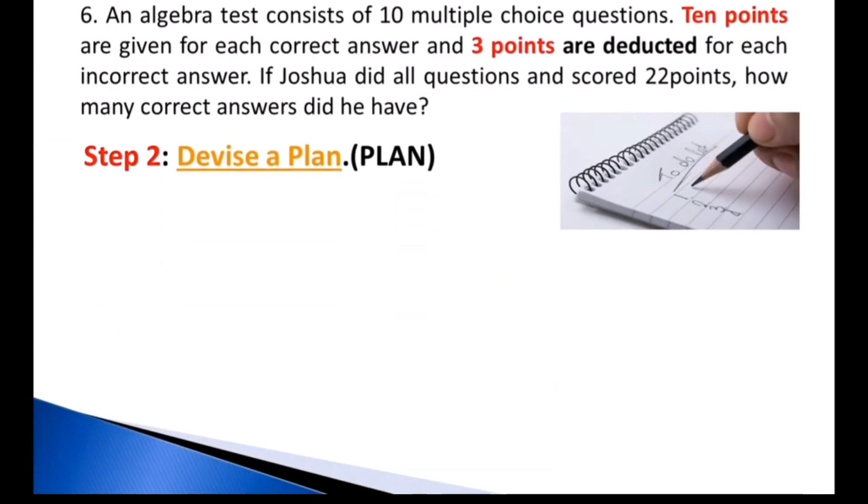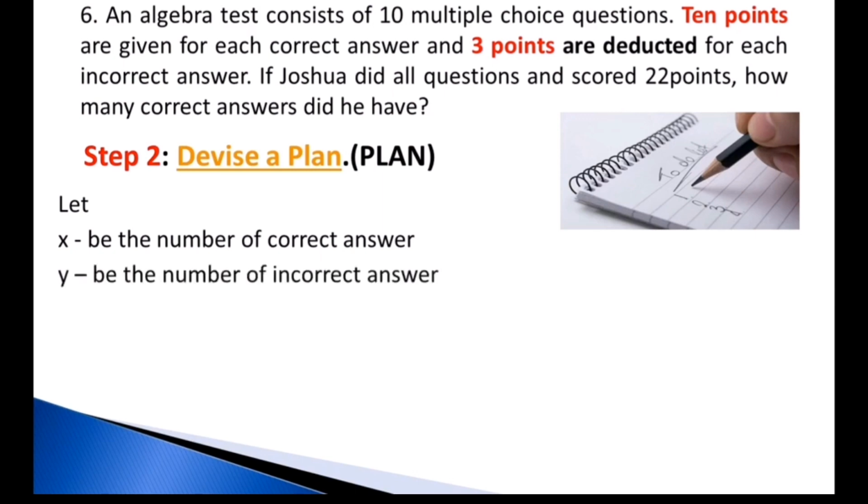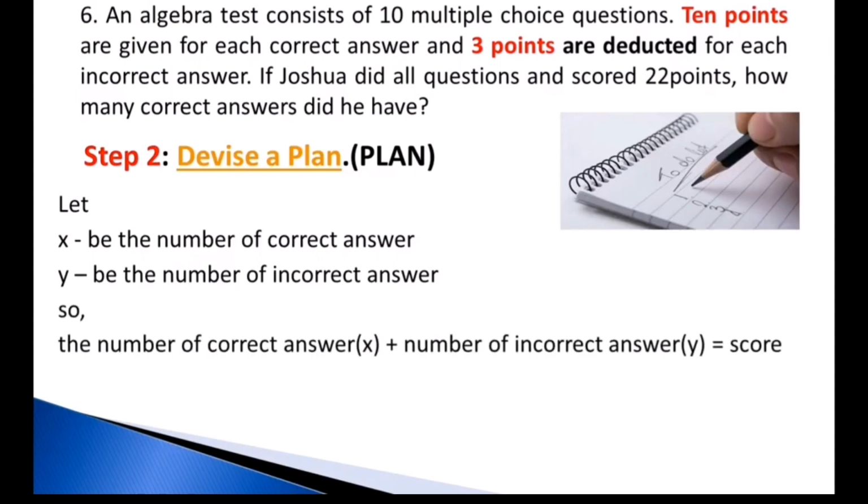Okay, let us devise a plan. So since making a list and table is the strategy to solve this problem, we're going to let x be the number of correct answers and y be the number of incorrect answers. Okay, so the number of correct answers x plus the number of incorrect answers y equals 10 items.